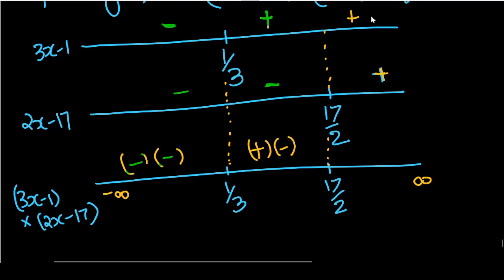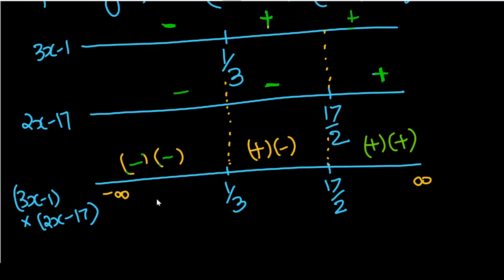Similarly, if you multiply plus into plus, guys, plus multiplied by plus sign. So below this line, I will write the sign of the expression of the product of these two linear expressions, which is a quadratic expression, guys.